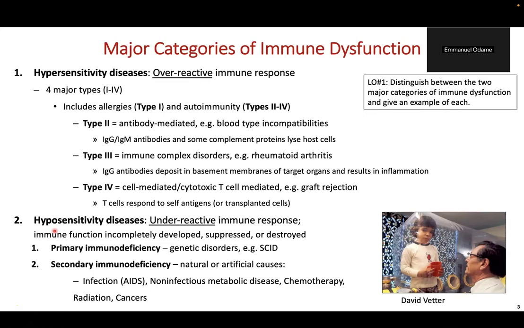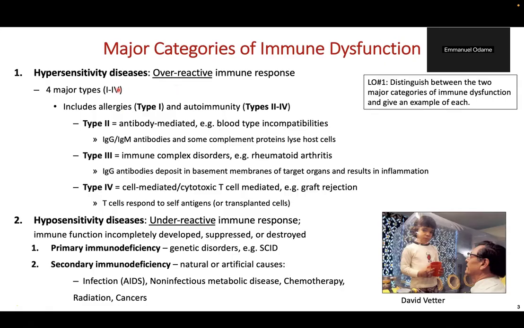So there are major categories of immune dysfunctions. And the first one we will talk about is hypersensitivity diseases. Basically, your body is overreactive, causing an overreactive immune response to whatever you are being exposed to. It can be an allergen or a pathogen.